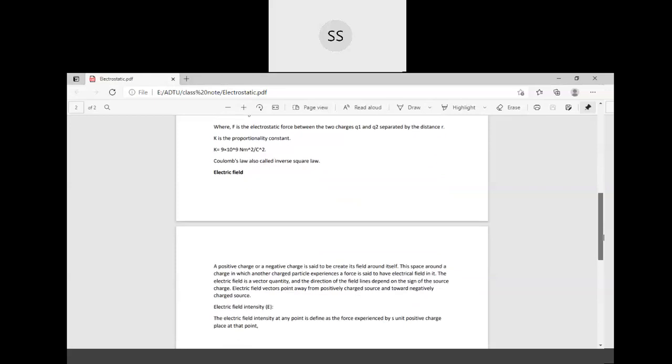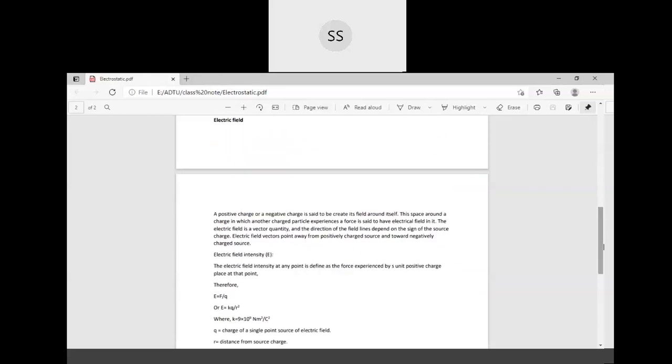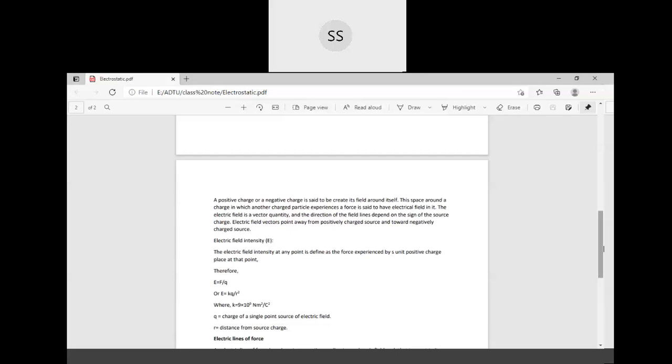Next is electric field. When a charge attracts or repels another charge, it can do so only up to a certain distance.